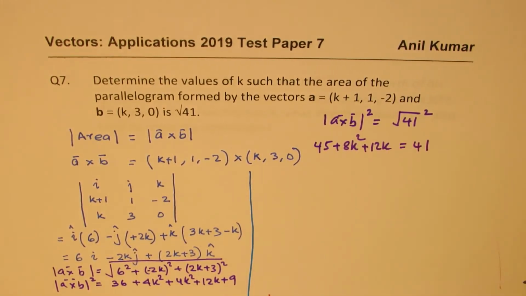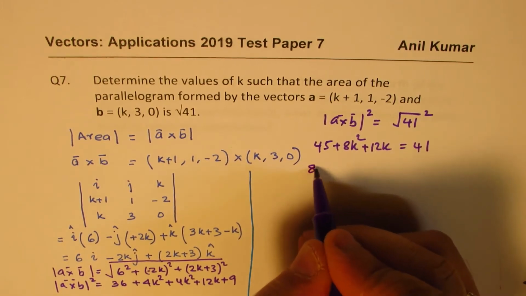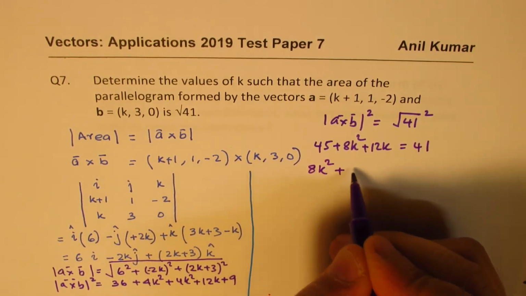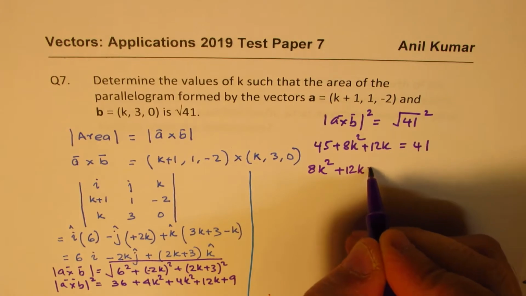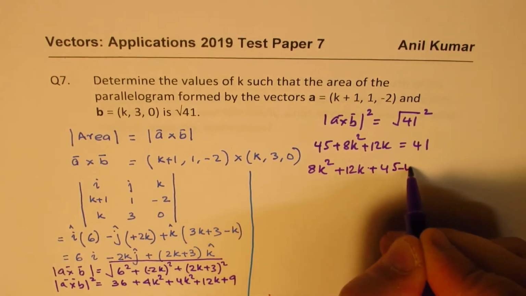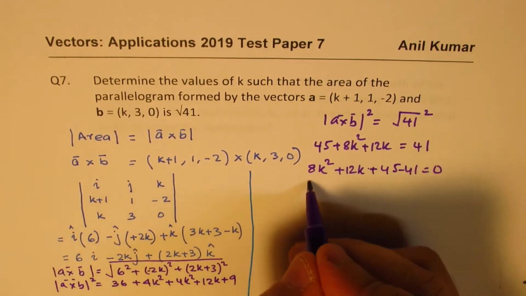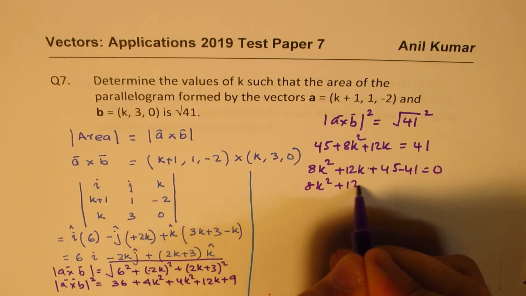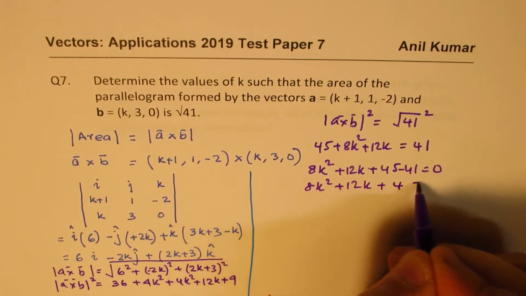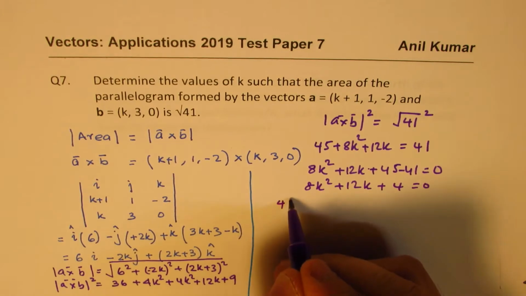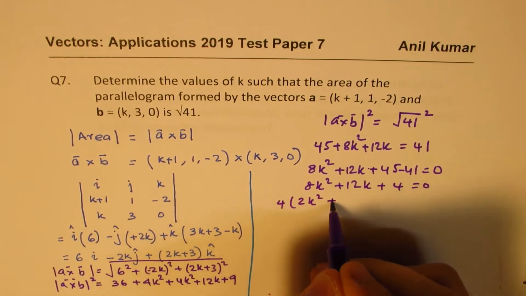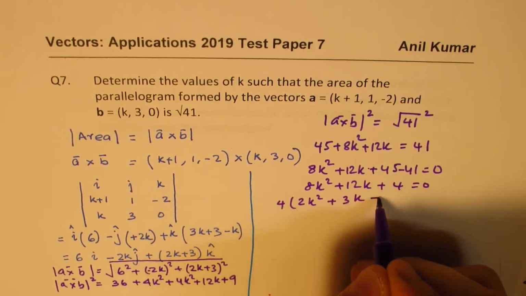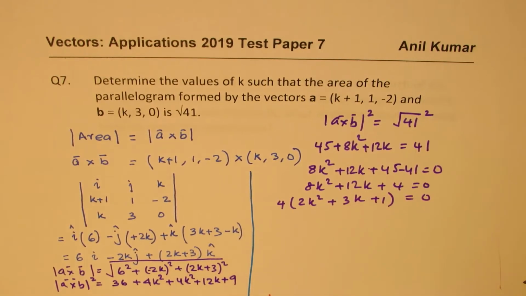Clear? So we can now solve this equation. We have 8K squared plus 12K plus 45 minus 41 equals 0. So we get 8K squared plus 12K plus 4 equals 0. 4 is common, right? So we get 2K squared plus 3K plus 1 equals 0.